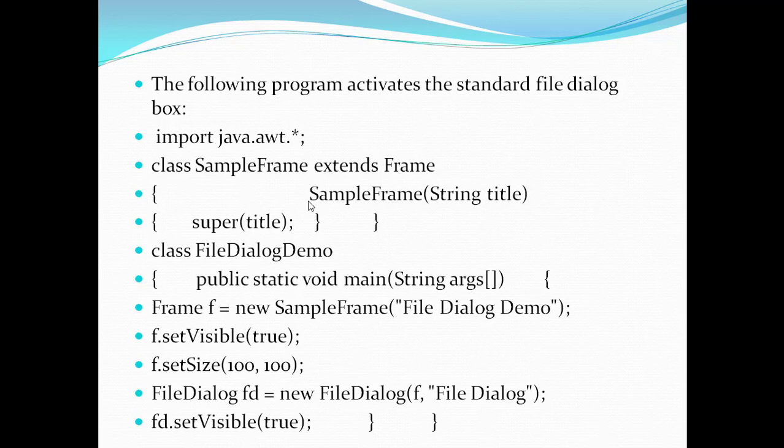Here is a FileDialog example: the following program activates the standard file dialog box. Here, import java.awt.*; class SampleFrame extends Frame. Constructor: SampleFrame(String title), open curly bracket, call super(title); close curly bracket, close the class.